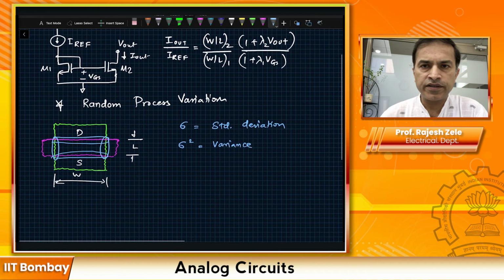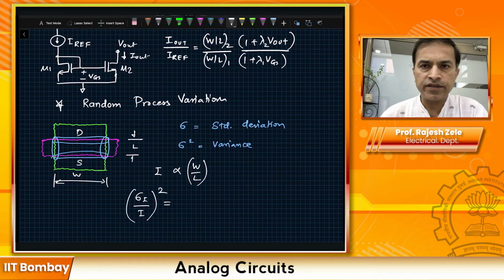In this particular case, the current I is proportional to W by L. Now each of W and L is going to have some variation. So we can say that (sigma I divided by I) squared is proportional to (sigma W divided by W) squared plus (sigma L divided by L) squared.